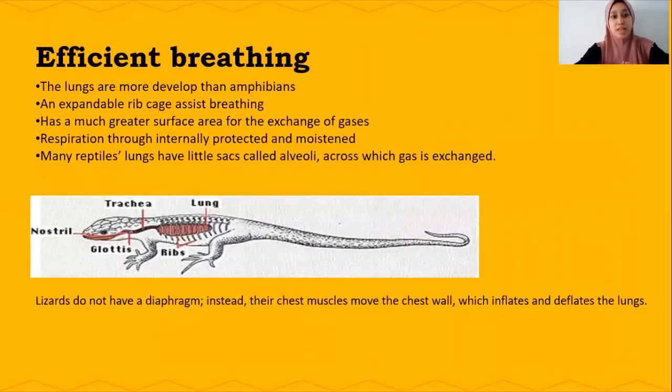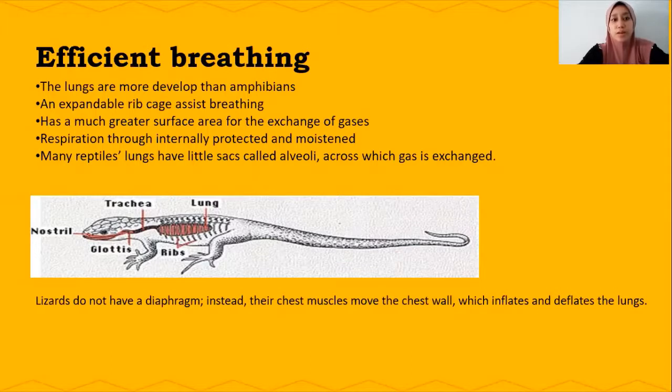Next, efficient breathing. Reptiles have lungs that are more developed than amphibians. They have an expandable rib cage to assist their breathing, which means their rib cage is more flexible than amphibians. It has a much greater surface area for the exchange of gases. Respiration is internally protected and moistened. That means when they do the respiration in their body, it is protected and moistened.